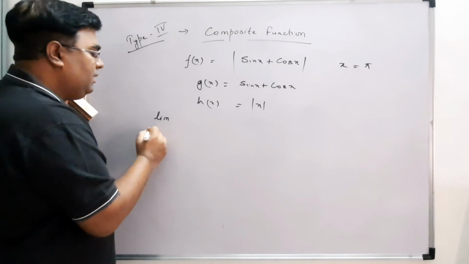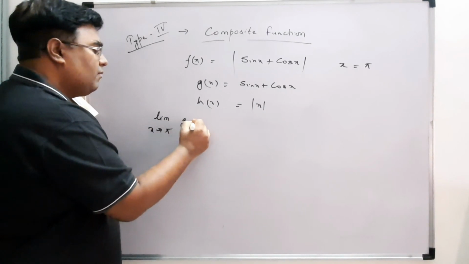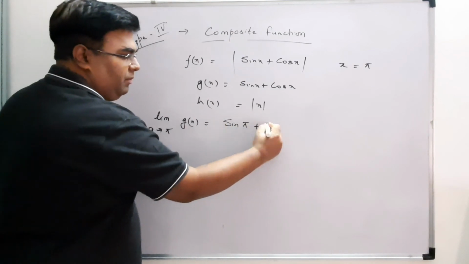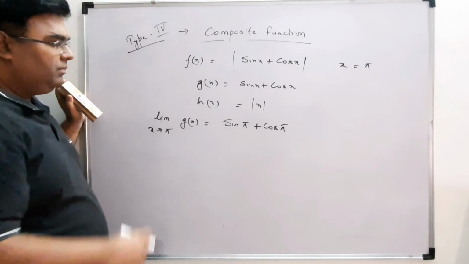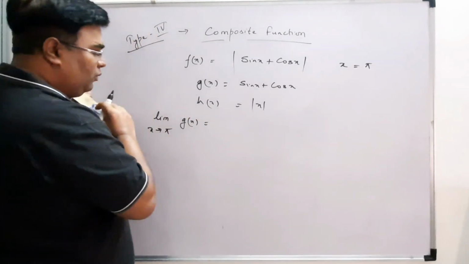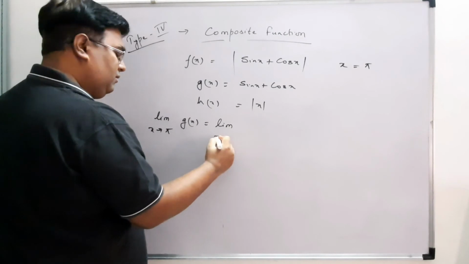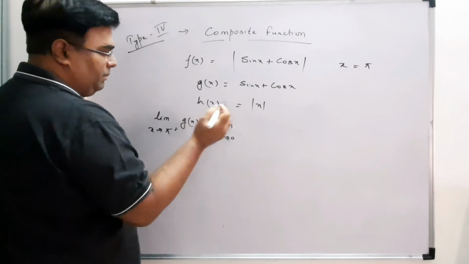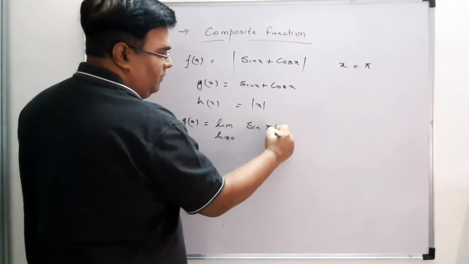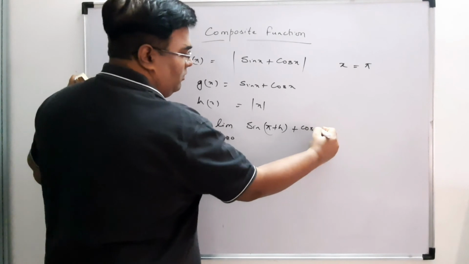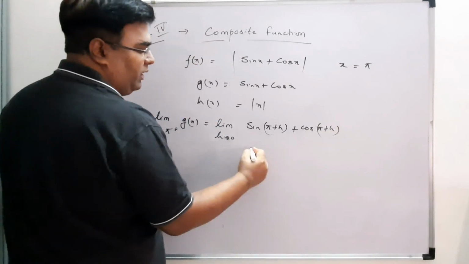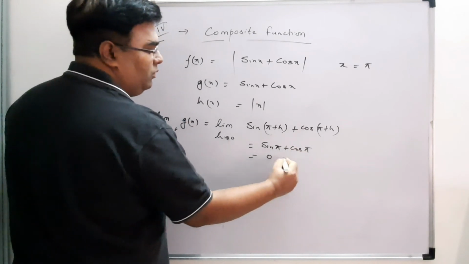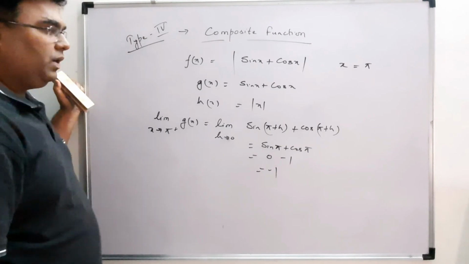So if you find the limit, as h tends to 0, of sin(pi plus h) plus cos(pi plus h), you will get sin pi plus cos pi, which is 0 minus 1, which is minus 1.